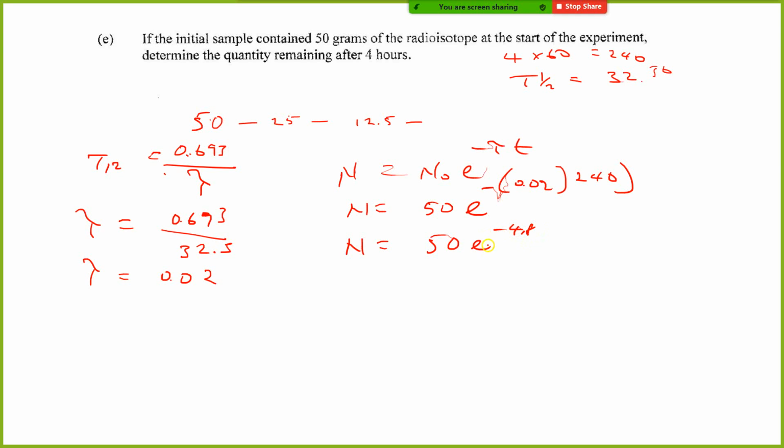So let's work out e to the minus 4.8. When it comes down to this e, I have to press shift ln, right? That's what I have to press to get that e.